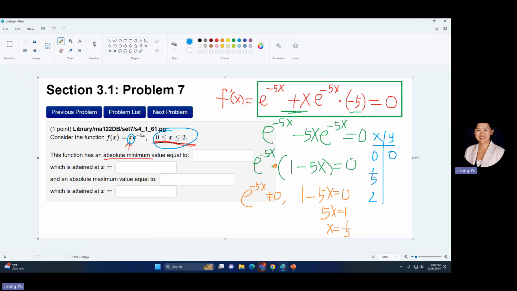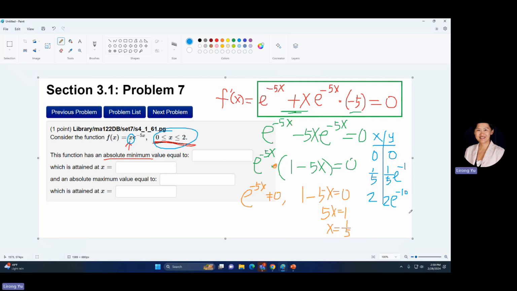And if you plug in 1 over 5, it's going to be 1 over 5 times e to the -5 times 1 over 5, so e to the -1. If you plug in 2 for x, it's 2 times e to the -5 times 2, which is e to the -10.